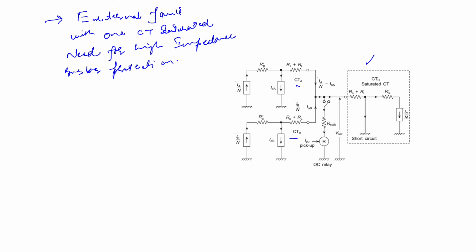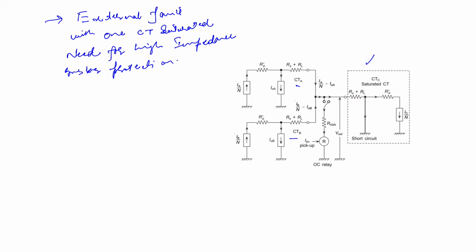From this figure, it is observed that the currents IA/N minus I0A, where I0 is the magnetizing current, and IB/N minus I0B sum up, and the resultant current has two parallel paths available.